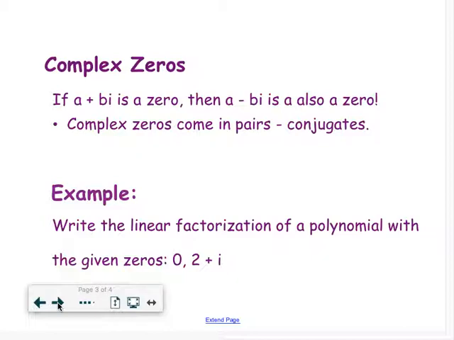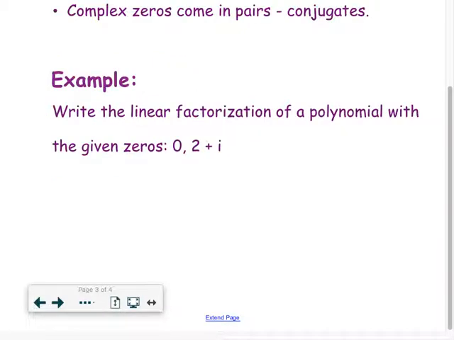So there could be examples where I give you a list of zeros for a polynomial, like this example at the bottom of the screen. Did everybody get the complex? Does anybody scroll down? Scroll down a little.